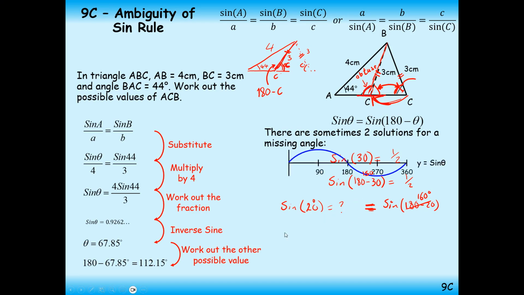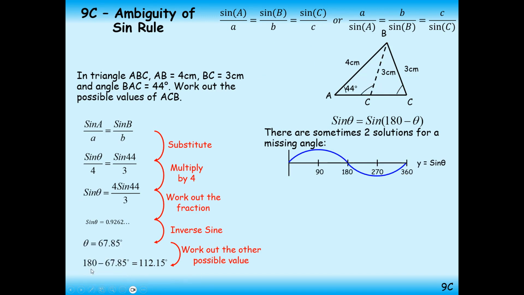So from now on, if they ask you to work out all possible values, once you figure out the angle using the sine rule, you have to think, is the angle I'm working out acute or obtuse? If it's not acute, then you have to take its complement from 180 degrees. Now what's coming up here is the graph of sine. Let's pretend the angle is 80.